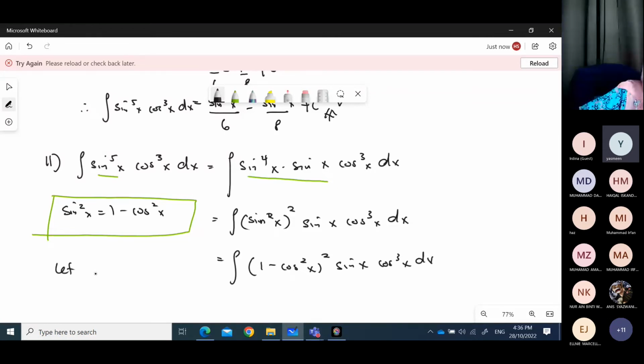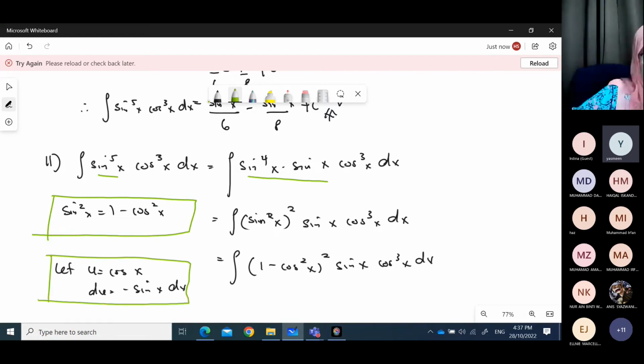Okay, so next let u equal cosine x, so our du here is negative sine x dx. So this is our substitution. Substitute cosine x into u.